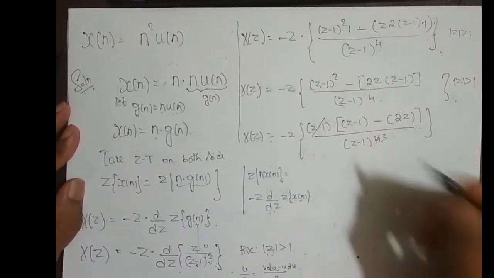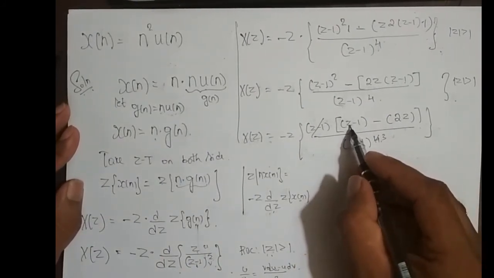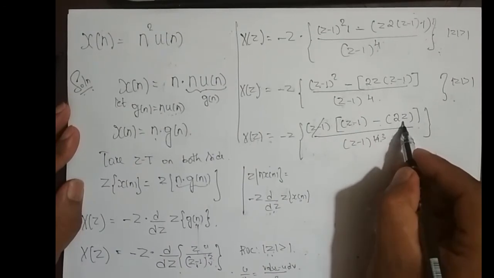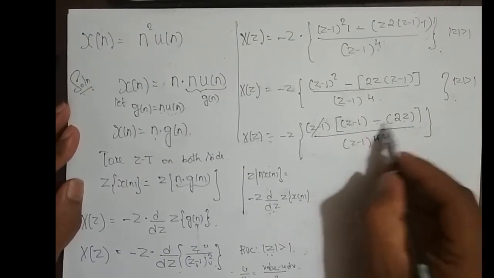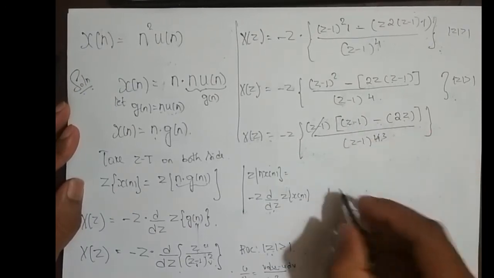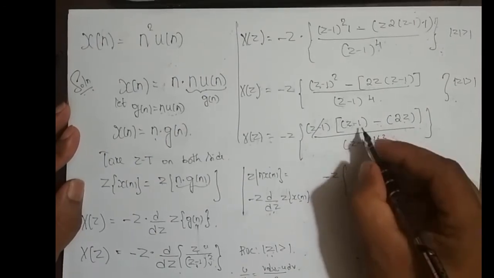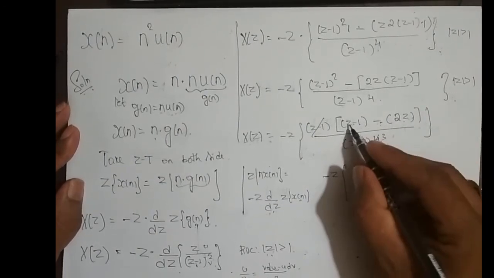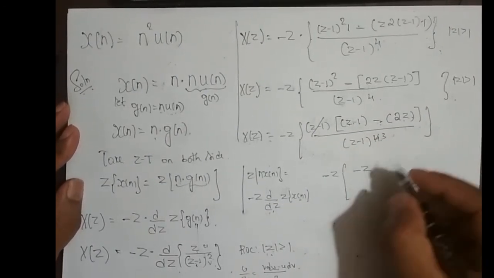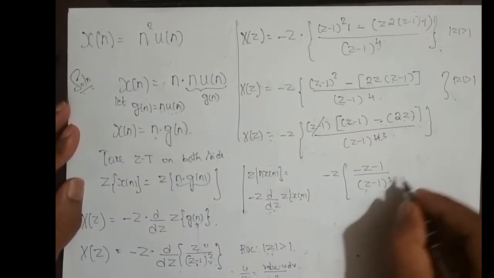So the (z minus 1) term cancels out. The numerator ends as z minus 1 minus 2z. So minus 2z plus z is minus z, right? So minus z into minus z minus 1, whole divided by (z minus 1) whole cube.